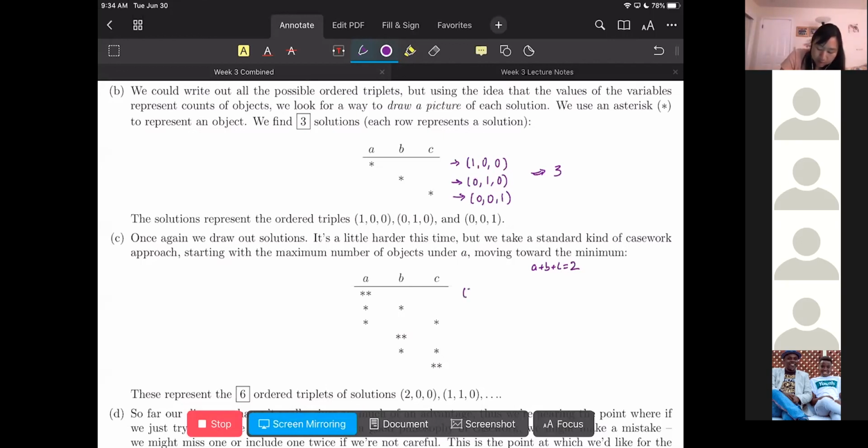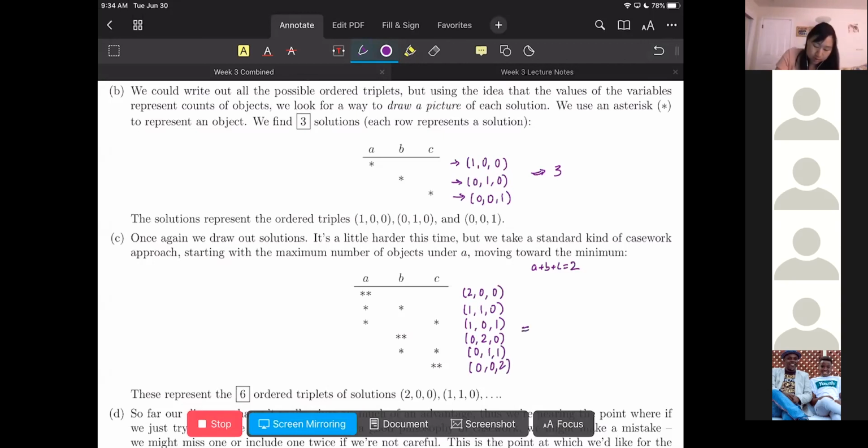That gives us the solution 2, 0, 0. Or we can put 1 star in column a, 1 star in column b. That would give us the solution 1, 1, 0. This next one gives us 1, 0, 1, then 0, 2, 0, 0, 1, 1, and 0, 0, 2.